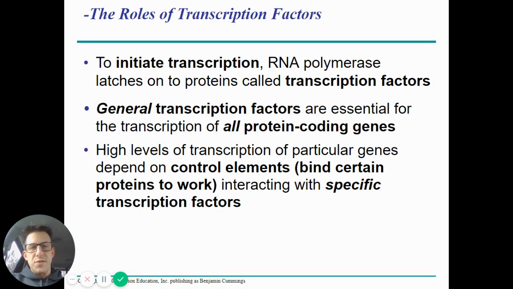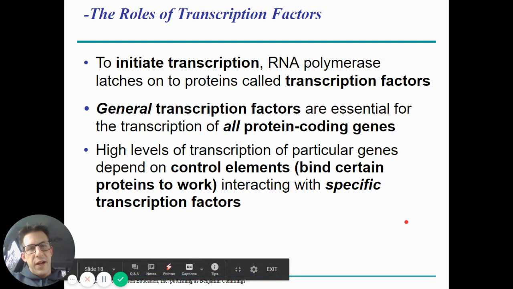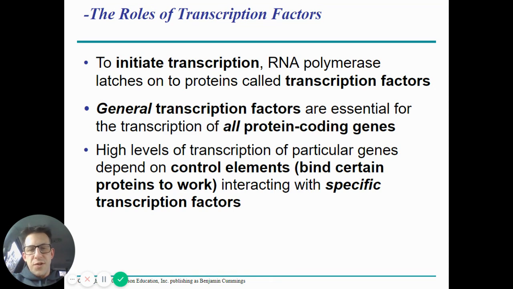Okay, we've mentioned these before. I have mentioned these in chapter 17, the fact that they're needed to start transcription. But we're going to talk about how transcription factors work with those control elements that I just mentioned, the enhancer and the proximal control element.